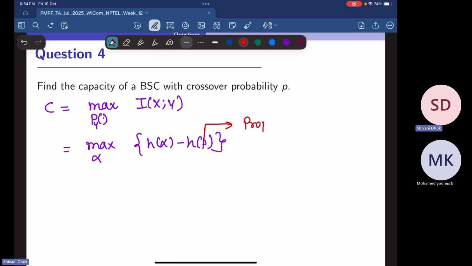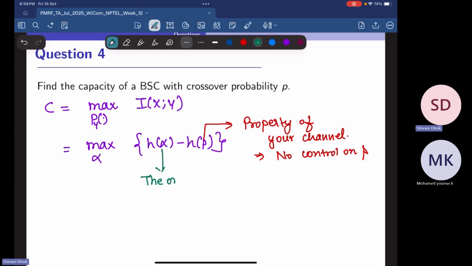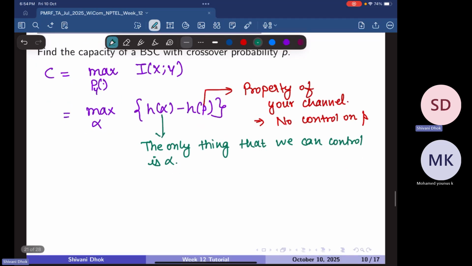This is the property of your channel, which means that you have no control on p. So the only thing that we can control is alpha.